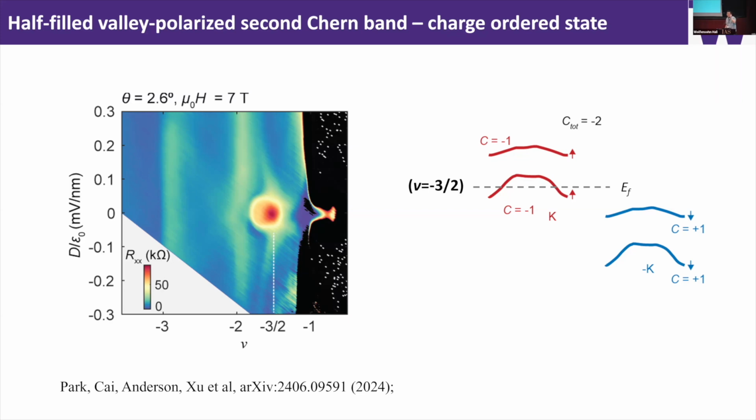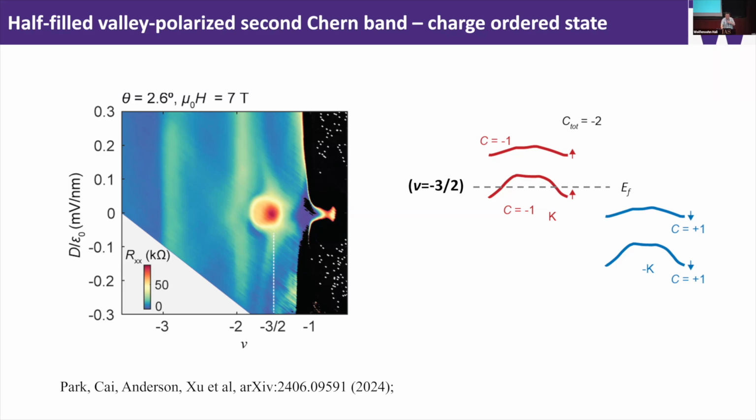So what's happening is that when the phase transition happens, right, my second Moiré mini band just got isolated. Then once the second Moiré mini band is isolated, 3/2 means it's a half filling of the second chain band. So my data shows that at half filling of the second chain band, actually the system gives rise to this charge ordered insulating state.